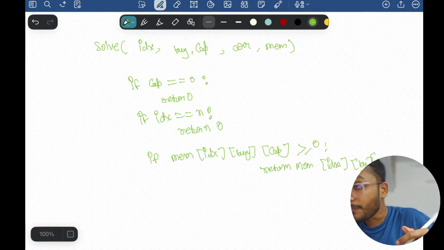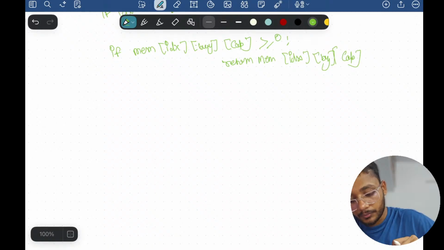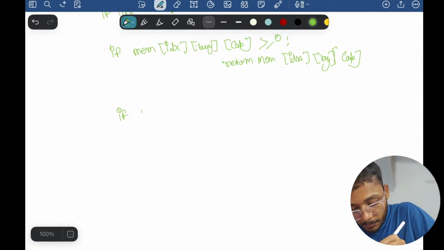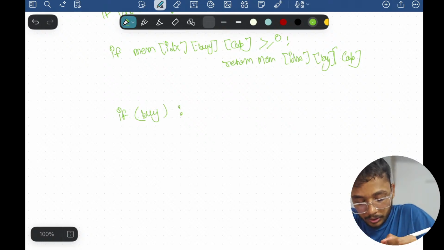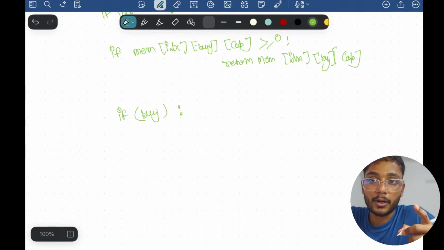All right, so this is one memoization part. Now, if you have the option to buy, you have 2 options, either buy or not buy.